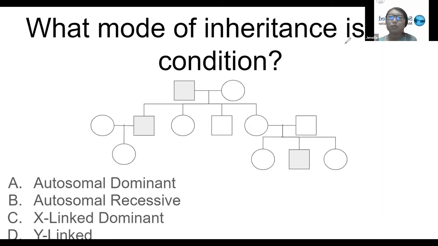Okay, so we just went over first why Y-linked is incorrect, because then this son would also have that trait. So then we go into here where we're trying to determine, okay, could it be X-linked? Specifically here, X-linked dominant, right?